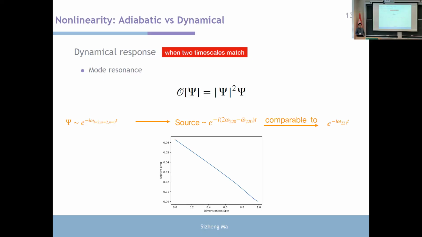This plot shows the relative error between this frequency component and the 2-2-1. As you can see, the relative error is always on the order of a few percent, and it vanishes in the extremal limit. So here, as you can imagine, the first overtone 2-2-1 can be resonantly excited by this fundamental mode through this nonlinear coupling.